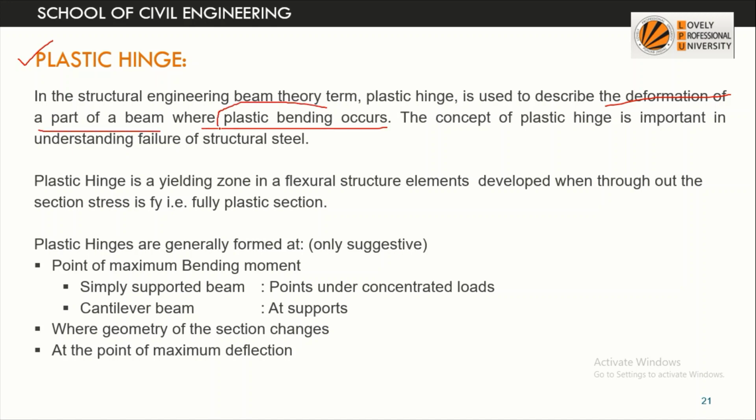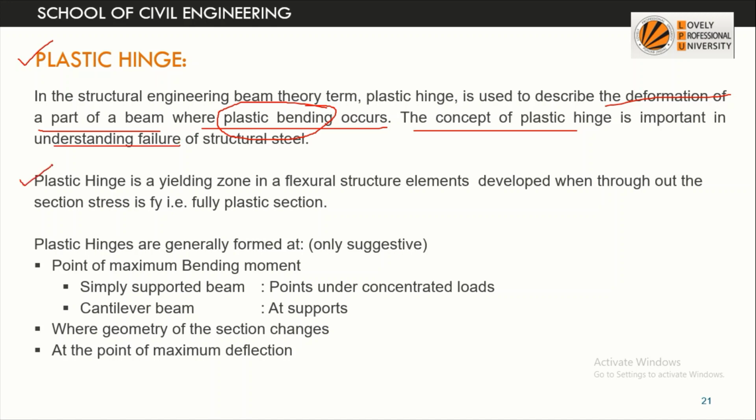Elastic bending refers to the state where, when the load is removed, the beam will return back to its original position, whereas plastic bending indicates that the deformation is going to be permanent. The concept of plastic hinge is important for understanding the failure of steel structures.